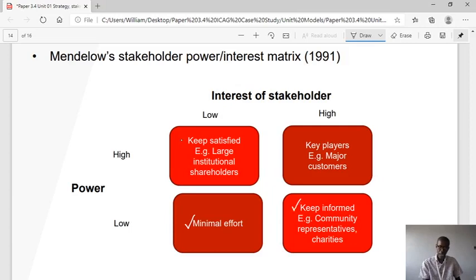But when they have high power but low interest, we say keep satisfied. Like large institutional shareholders, and especially government is put as keep satisfied. And then where you have high power, high interest, we refer to them as key players, like major customers.